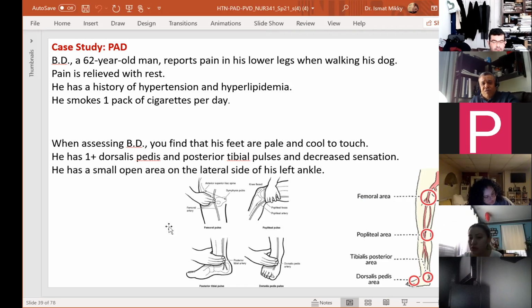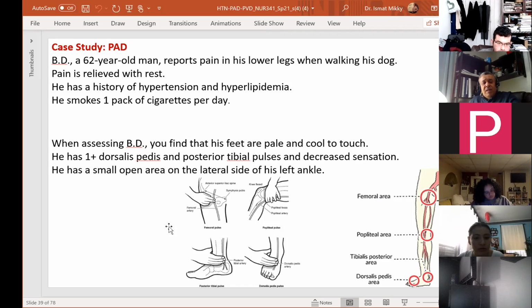You assess for peripheral pulses, palpation, and sensation. And then CMS, which is color, motion, sensation. By doing all these components of PP, CMS, you have done a complete comprehensive neurovascular assessment. Also, there is a small open area on the lateral side of the left ankle.